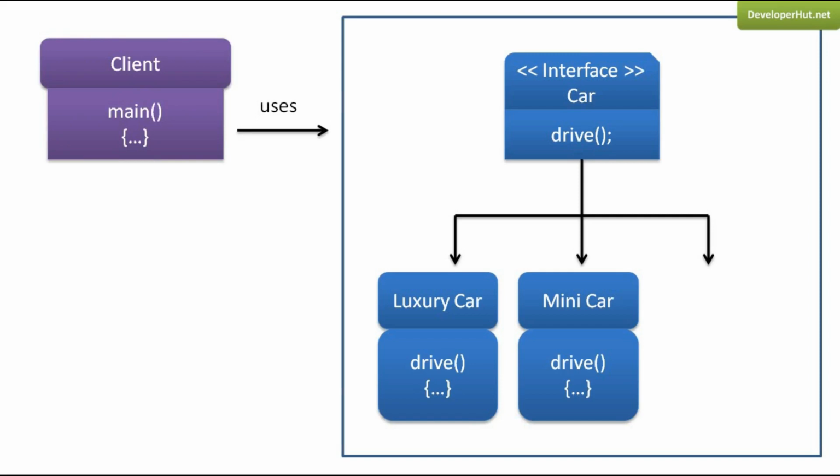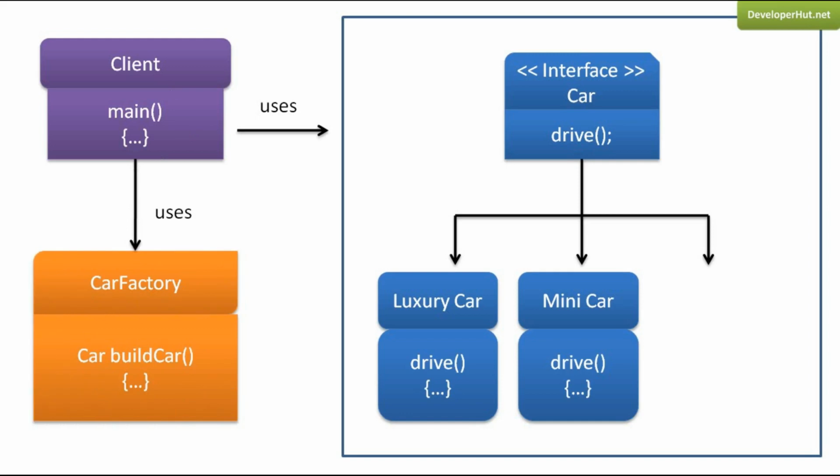Now in the case of the factory method, earlier all the creational logic resided at the client level, right? Now instead of adding this logic to the client level, we will add this logic to some other class, which is a factory class, right?